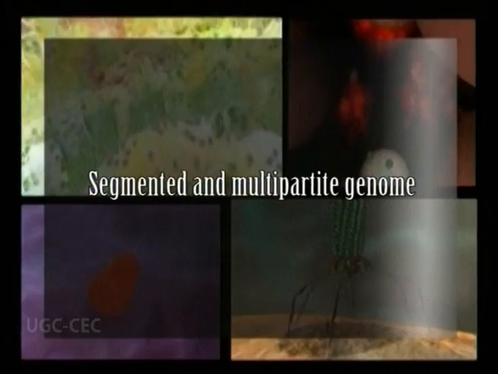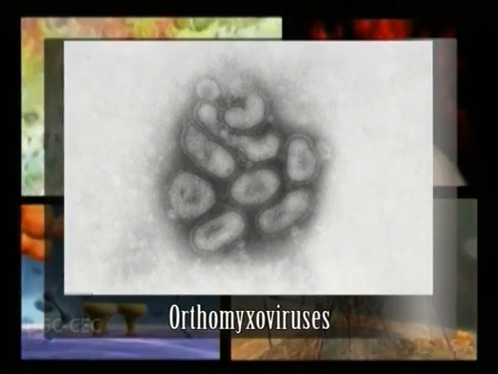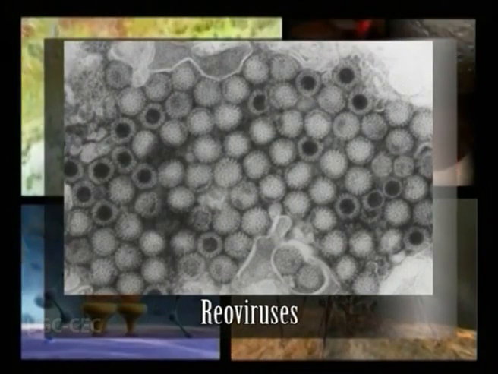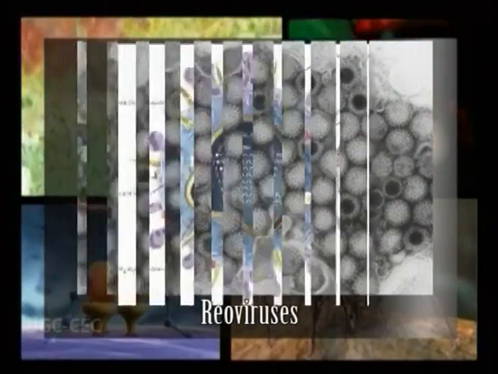Dear students, when the genome is divided in two or more nucleic acid molecules and is packed into a single virus particle, the genome is said to be segmented. Orthomyxoviruses, reoviruses, and Bunyaviruses are the examples of segmented virus genomes.